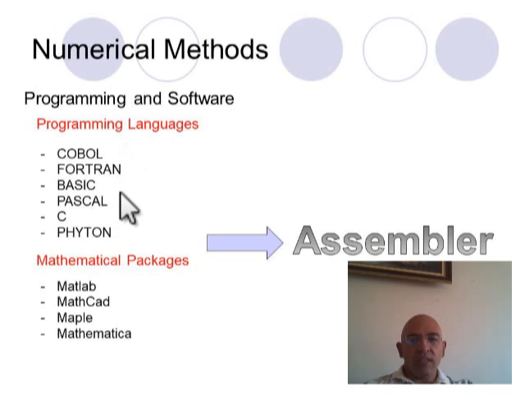Then Fortran, formula translating language, that is one of the first programming languages which we used, and still it is quite popular and widely used for scientific computing, for example, in the engineering community also. So how about the others? Basic.